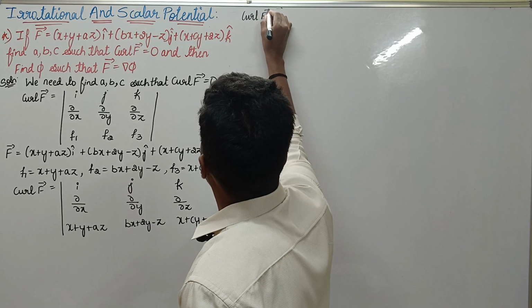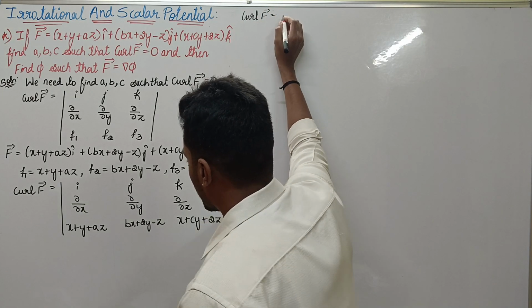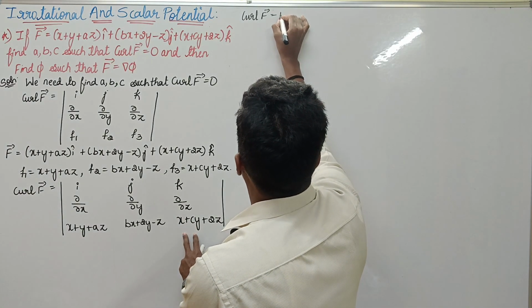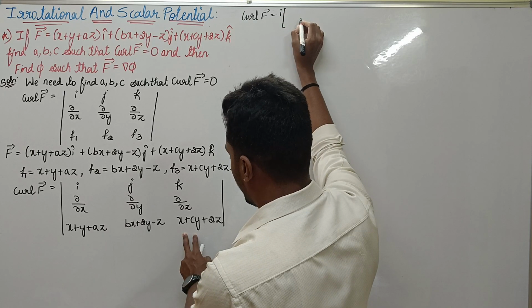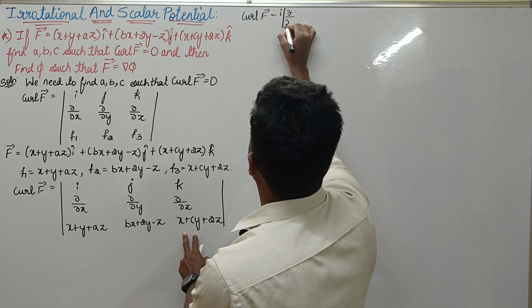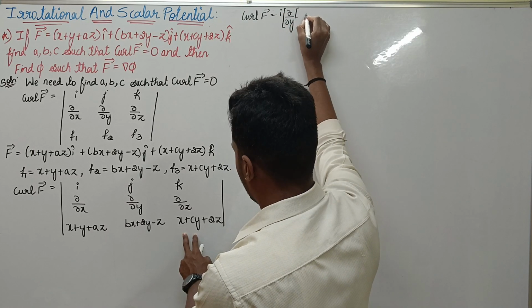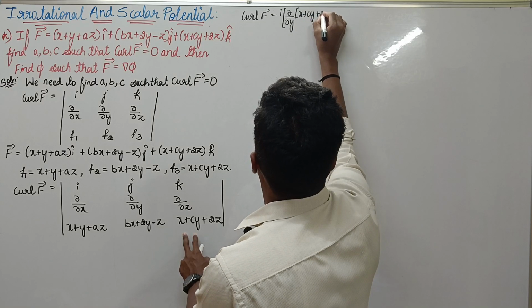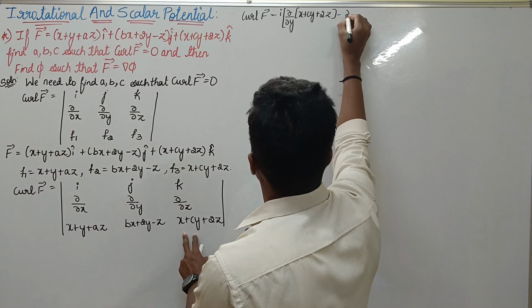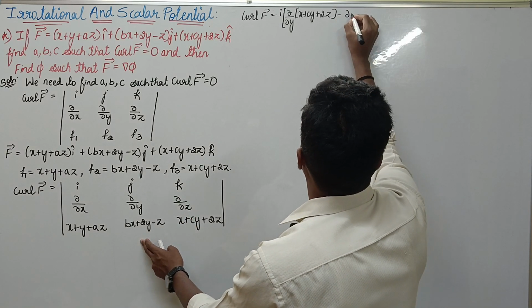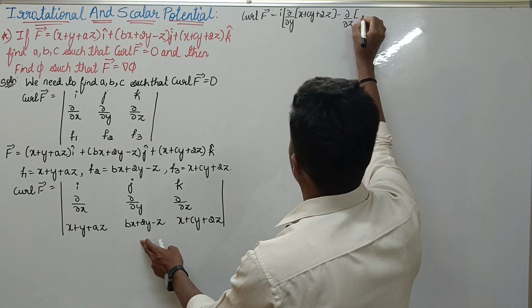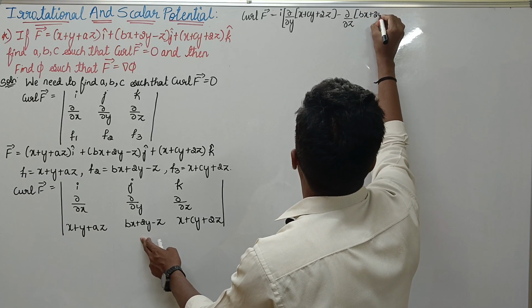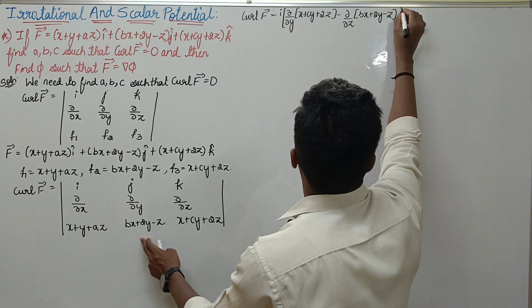Curl vector f is equal to, first, i into del by del y of x plus cy plus 2z, minus del by del z of bx plus 2y minus z.